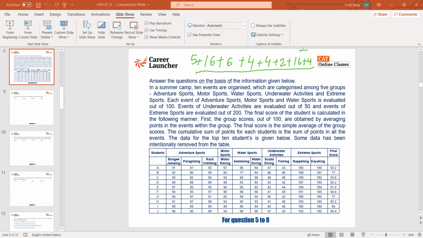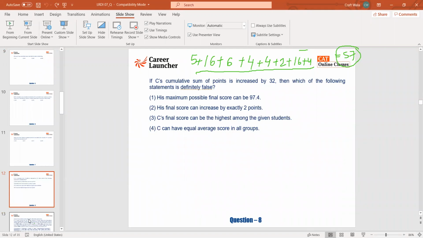So 16, 16, 32, 36, 36, 40, 42, 46, 46 plus 52, 57 points are required to make my average 98 in everything. But the points that have been given to me are only 32. So I cannot reach the same average score in all the groups.